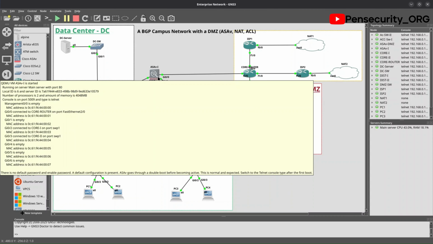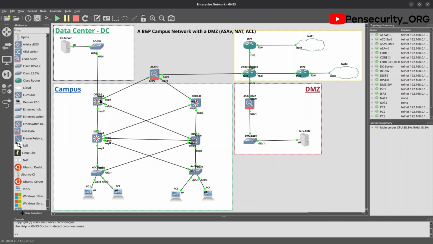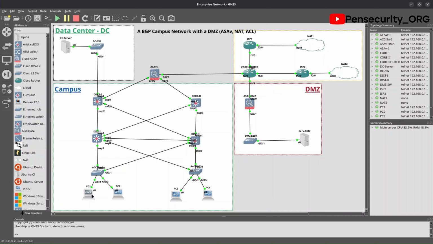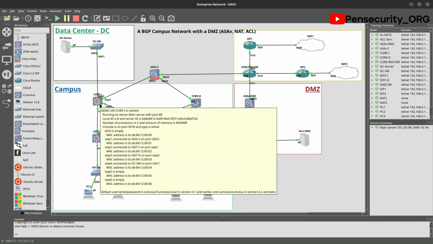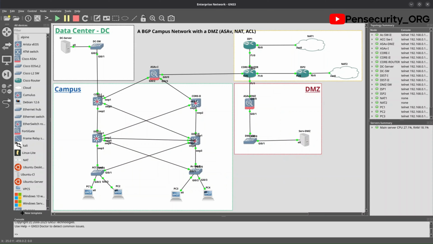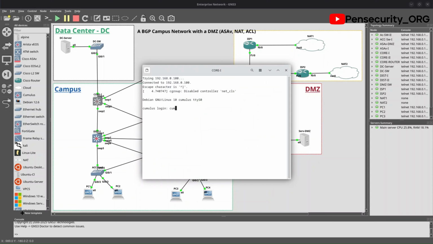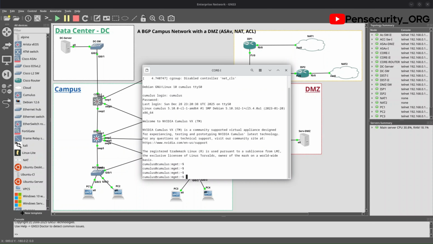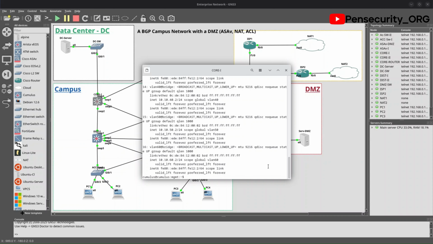So for example, let me try to access it. This SVI, yes, I think this SVI. Let me check the running configuration on this switch. So let's say show ip interface brief. Let's just see the IP addresses on this switch.